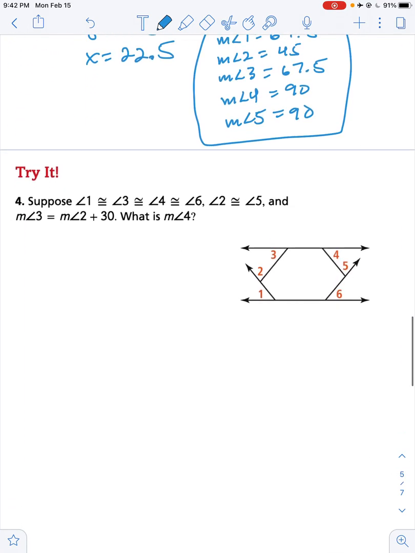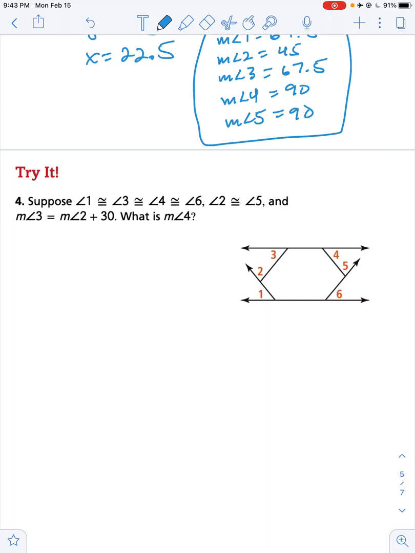Let's try another one. So in this one it says, suppose that angle 1 is congruent to angle 3, is congruent to angle 4, it's congruent to angle 6, and angle 2 is congruent to angle 5, and the measure of angle 3 is equal to the measure of angle 2 plus 30. What is the measure of angle 4?